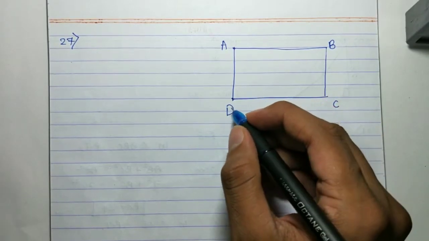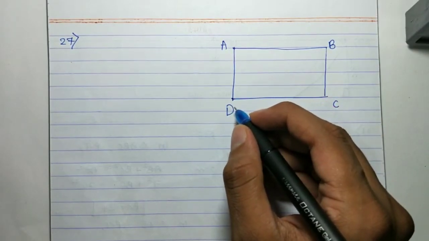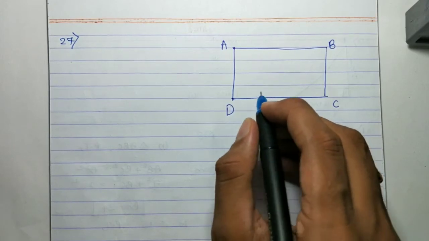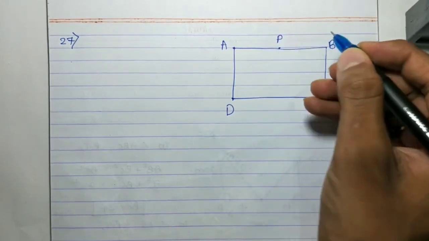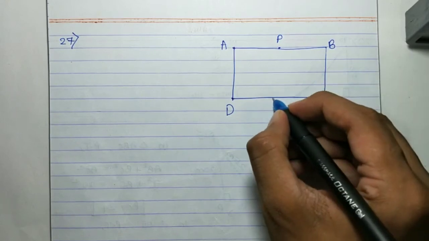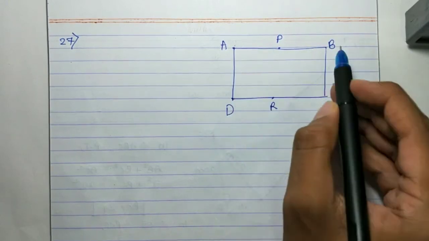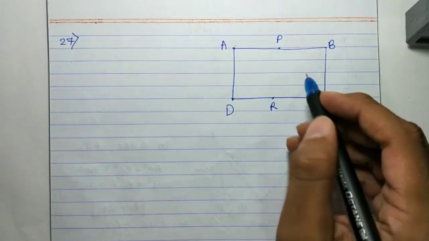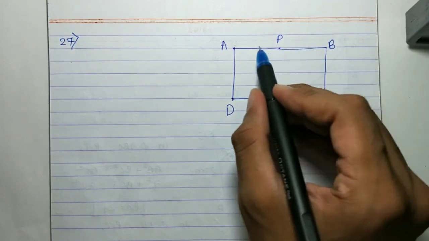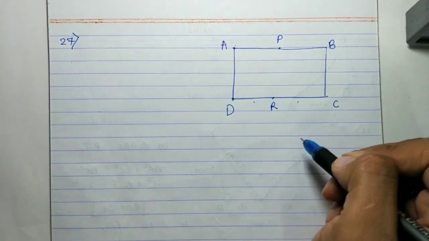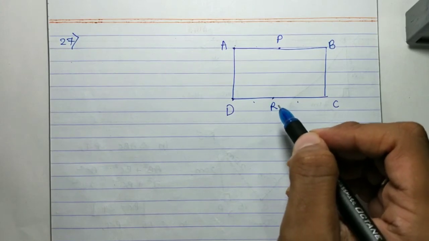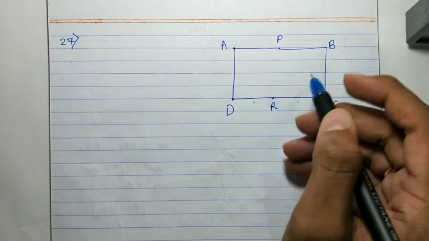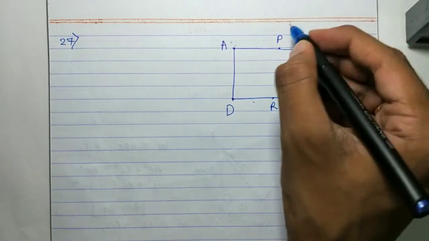And P and R are midpoints of AB and CD. Okay, so midpoints means these two sides are equal. And they have told that AB is 12 centimeters.